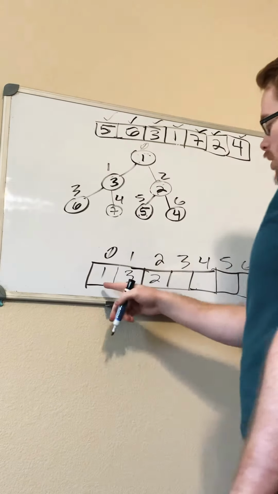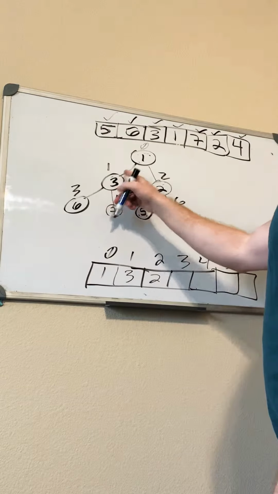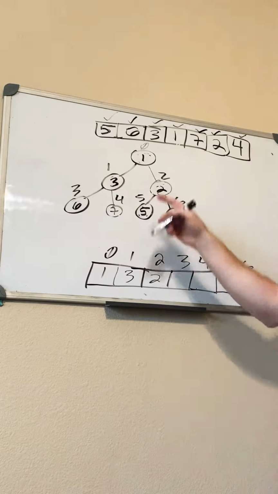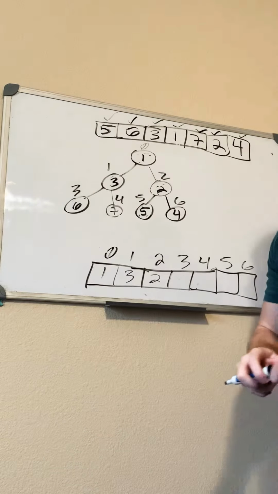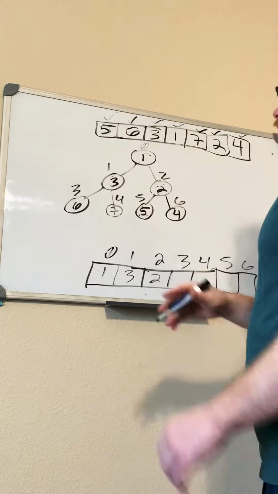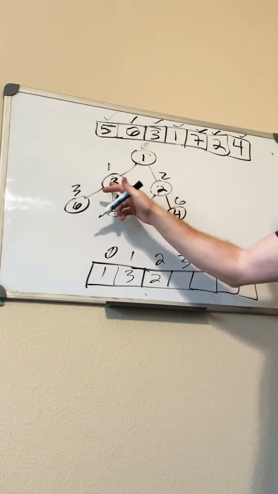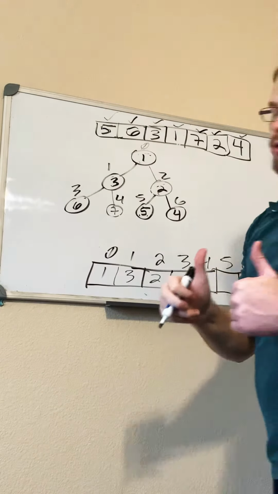3, 2. Now you notice, this isn't going to be in order because of the children nodes, it doesn't matter. That's the difference between the other data structures and trees that you will go over. You don't need to do any rotation or anything like that. As long as the parent node is smaller than both these guys, we're good to go.